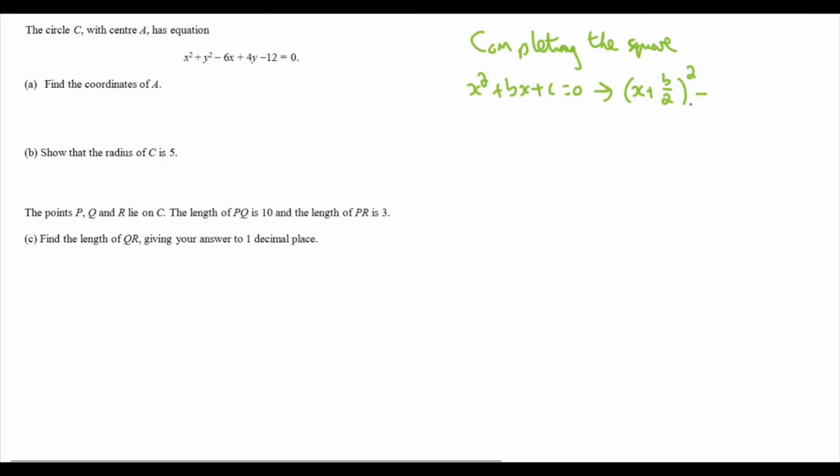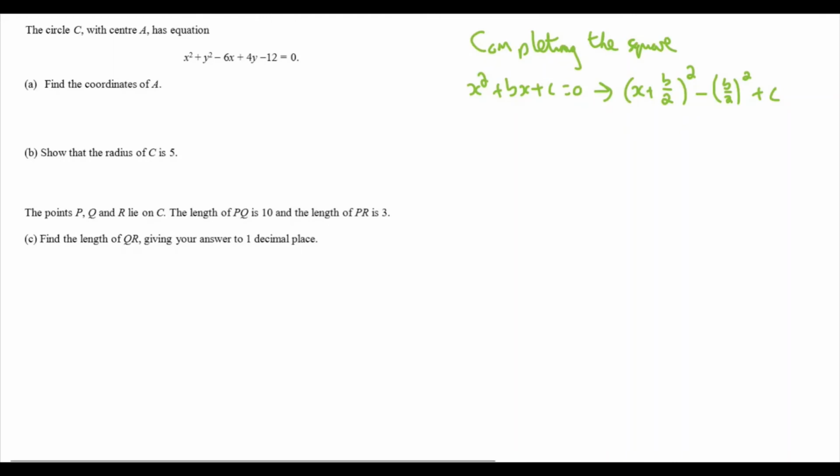Then, outside of this, we're going to take away half of b squared, and then add the c that was there before. Now, this may seem like a lot of fractions and letters everywhere, but hopefully it'll make sense why this is the case when we apply it to this example here.